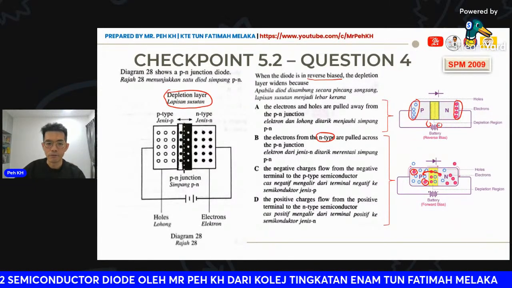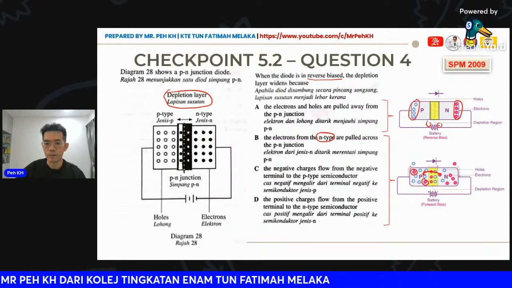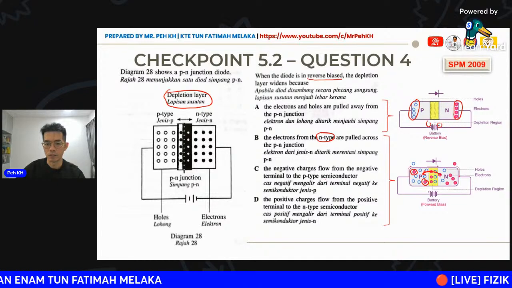Then for C, the negative charges flow from the negative terminal to the P-type semiconductor is also true.